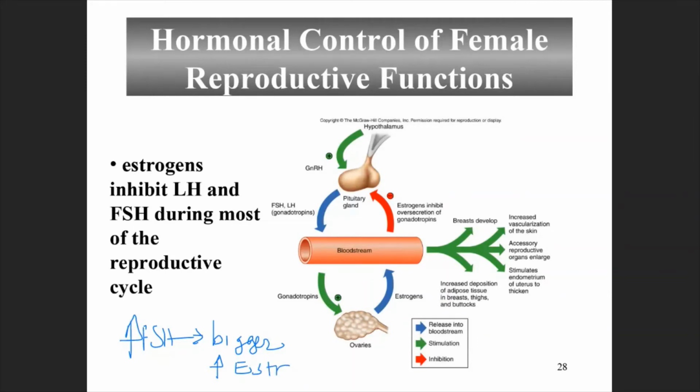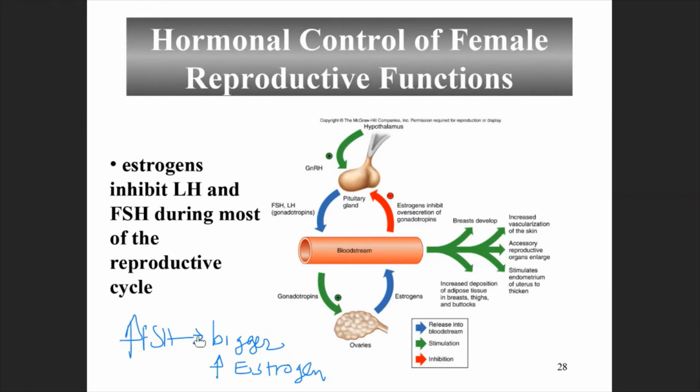And estrogen will stimulate the female to develop secondary sex characteristics, including enlarged breasts, or development of breast, thelarche, the development of pubic hair, pubarche, and she starts menstruating. We call that menarche.